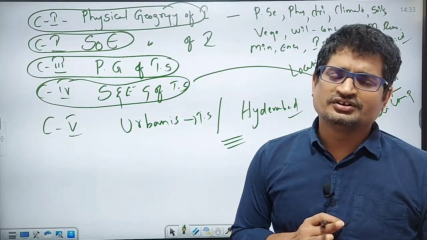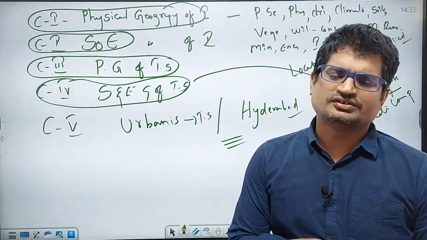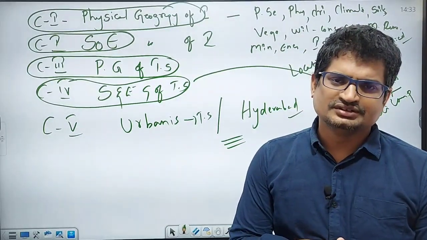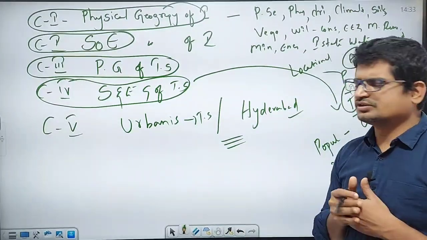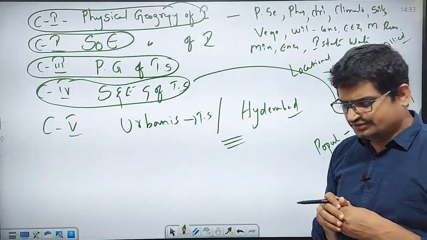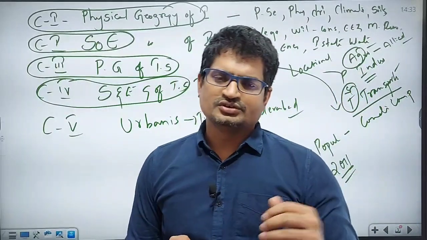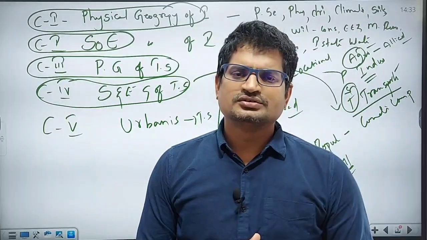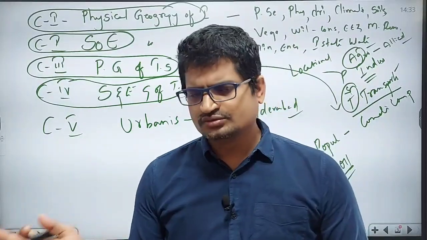How is the ORR planned, and is it really useful for the development of our city? Such types of questions may be asked in your Group 1 mains from chapter 5. The phases of development of Hyderabad: prior to independence, during Nizam rule, from 1948 to 2014, and 2014 to the present day.